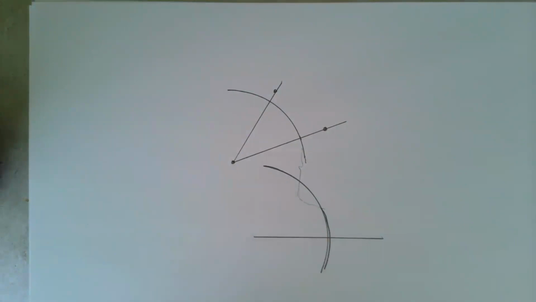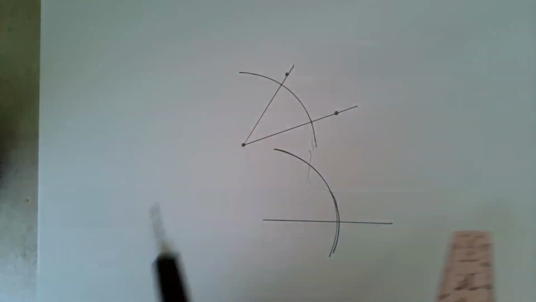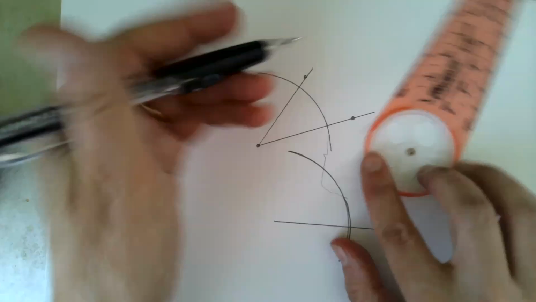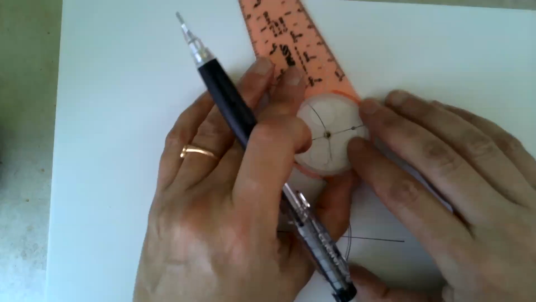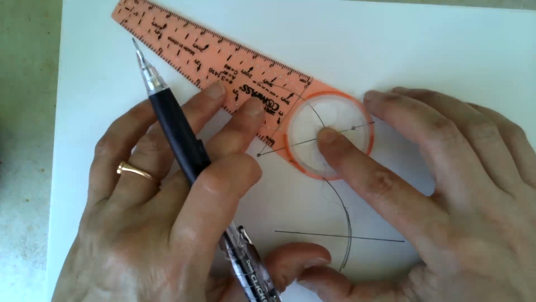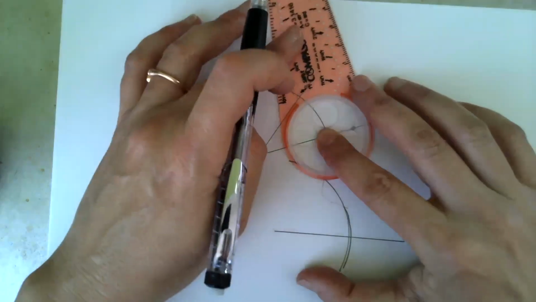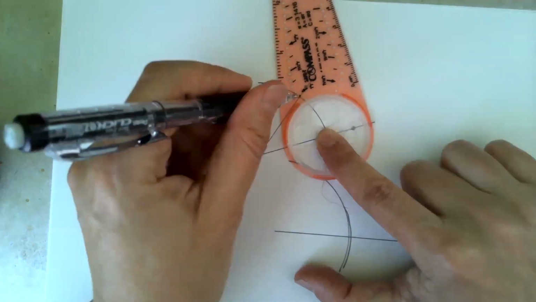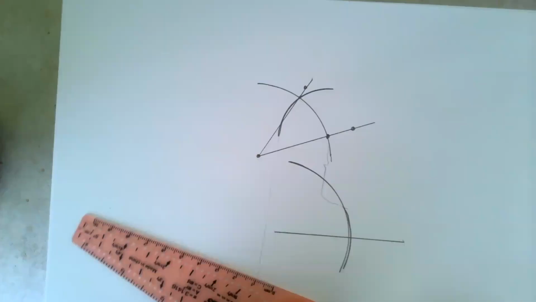All right, now I'm going back to my original picture, and now I'm going to use this as my center. And I'm going to come up here and find where this point exists. So it's right there in my compass. And I'm going to create a little cross right there.